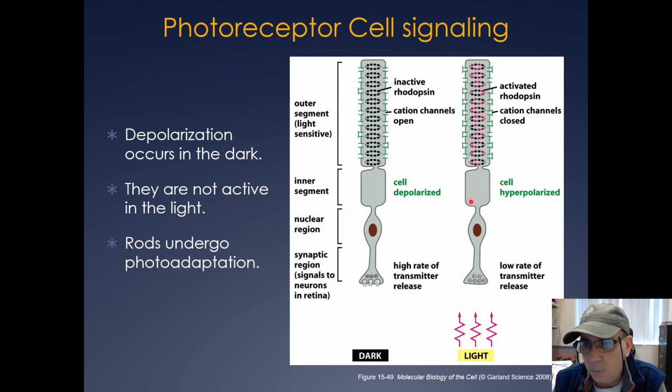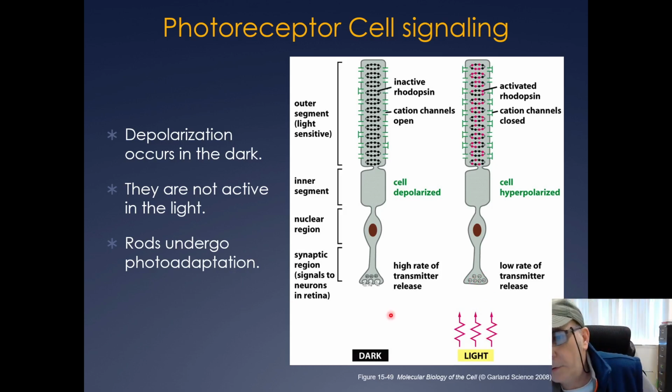Okay, and then the cell becomes hyperpolarized. And so in the dark, you're getting a steady release of neurotransmitter. However, when the cell becomes hyperpolarized, the vesicles containing neurotransmitter don't fuse. Okay, and this is how we are able to see in dim light.